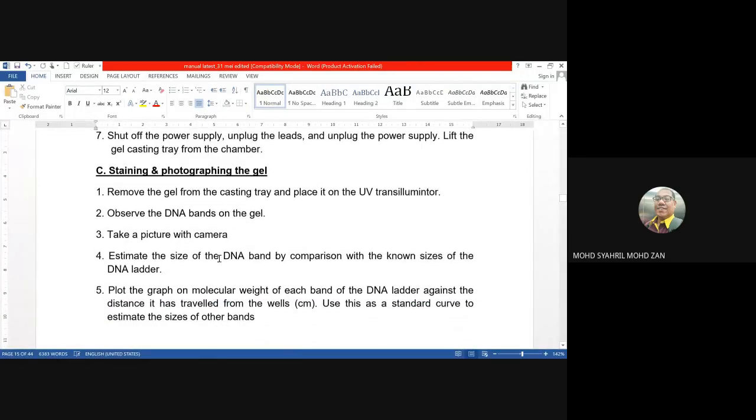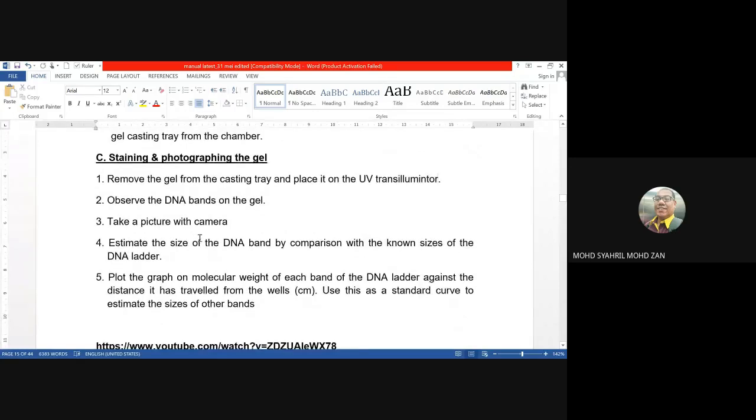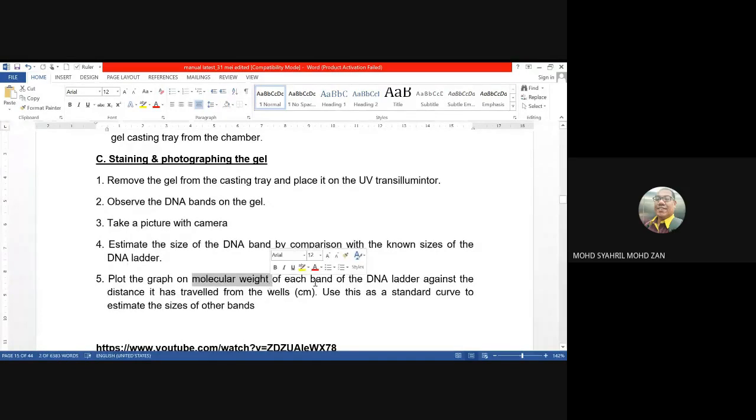Okay. So from that, you can estimate the size of the DNA band by comparison with the known size of the DNA ladders. Okay. So from that, you have to plot the graph. Okay. So graph molecular weights of each band of the DNA ladder against distance it traveled from the well by using the centimeter.